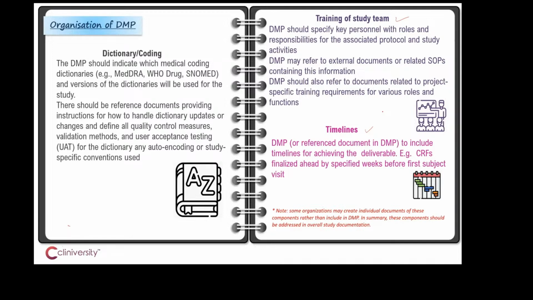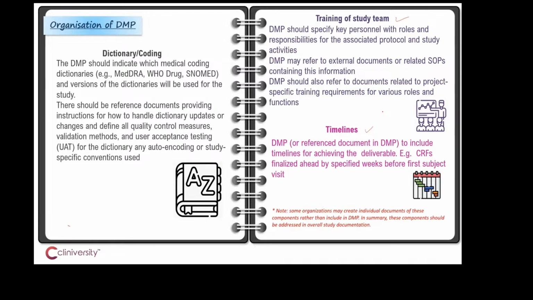Another example of a milestone is approximately how many days or months before the first subject visit the CRFs should be finalized. Or it will also specify when the first interim analysis will occur, when the first 50% of the data is entered.